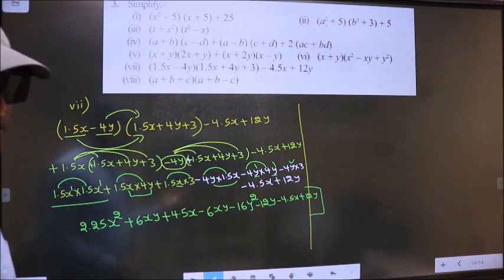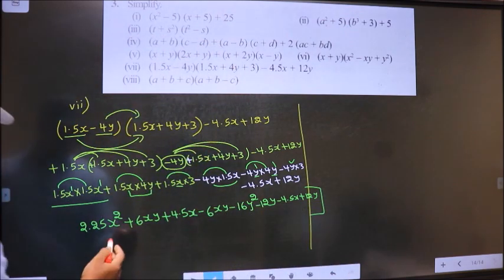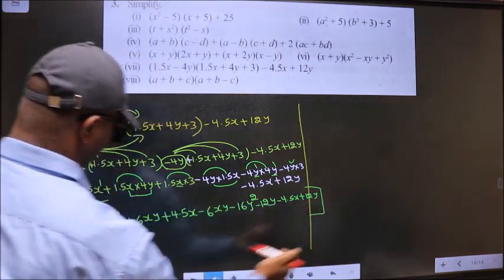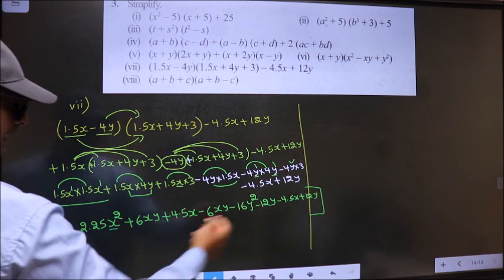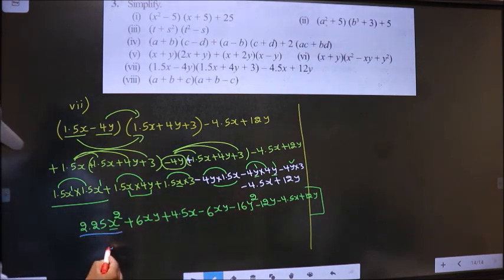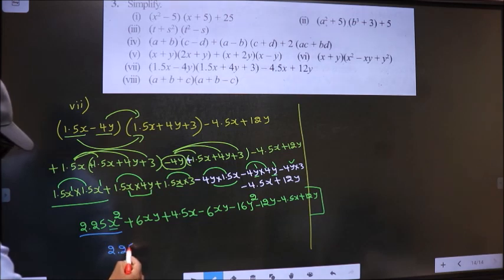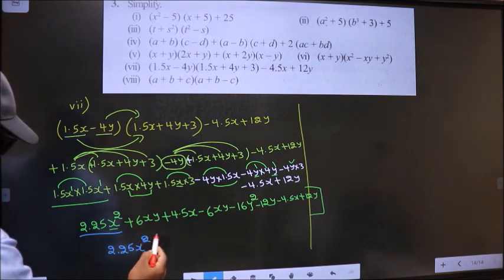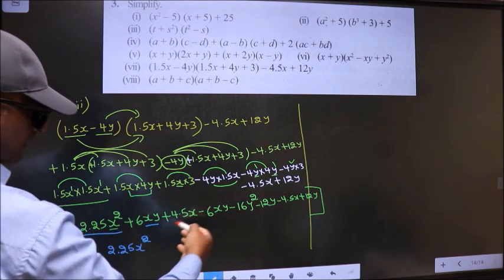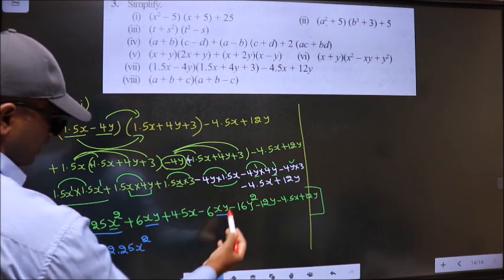Okay. Next. Now here we have x squared term. Do we have anywhere else x squared term in this? No. So this as it is you write, 2.25x square. Next, xy term. Do we have xy term anywhere else? Yeah, here.